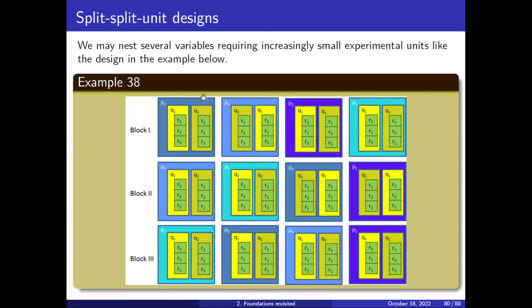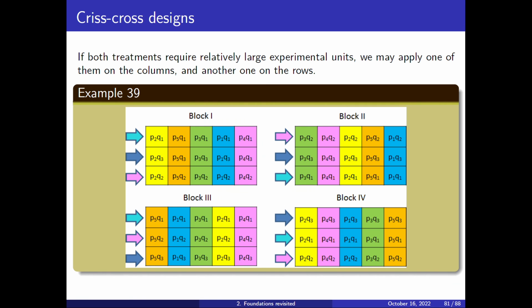Just to put an example, P3 could be the number of light hours, and then on each one of the shelves of the animal house you might apply a different treatment, Q. So different ways to ventilate the rack, or something else, and within each one of the racks you would apply a different diet, let's say. They are called split unit designs because you are nesting multiple variables.